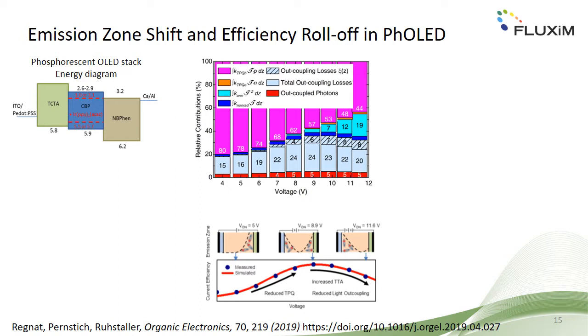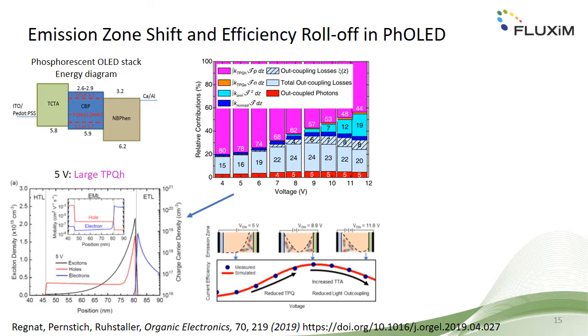decreasing with increasing voltage. And this is shown by the profiles that were calculated at low voltage, 5 volts. We see a large triplet polaron quenching due to the overlap of excitons and holes on the right-hand side of the EML.